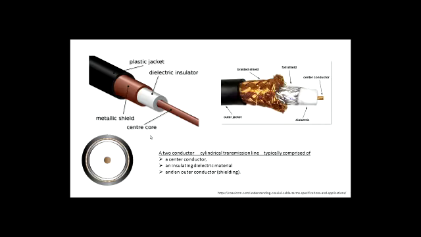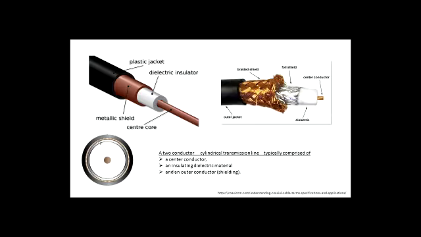Different coaxial cables have different layers, maybe multiple shielding and things like that, and the thickness also varies. Over here on the right side, we see a picture of what the cable looks like inside. Here you see the center conductor or the center core. Over here, there's the white dielectric, then a foil shield, and on top of that you have a braided shield as well. And then there's an outer jacket.